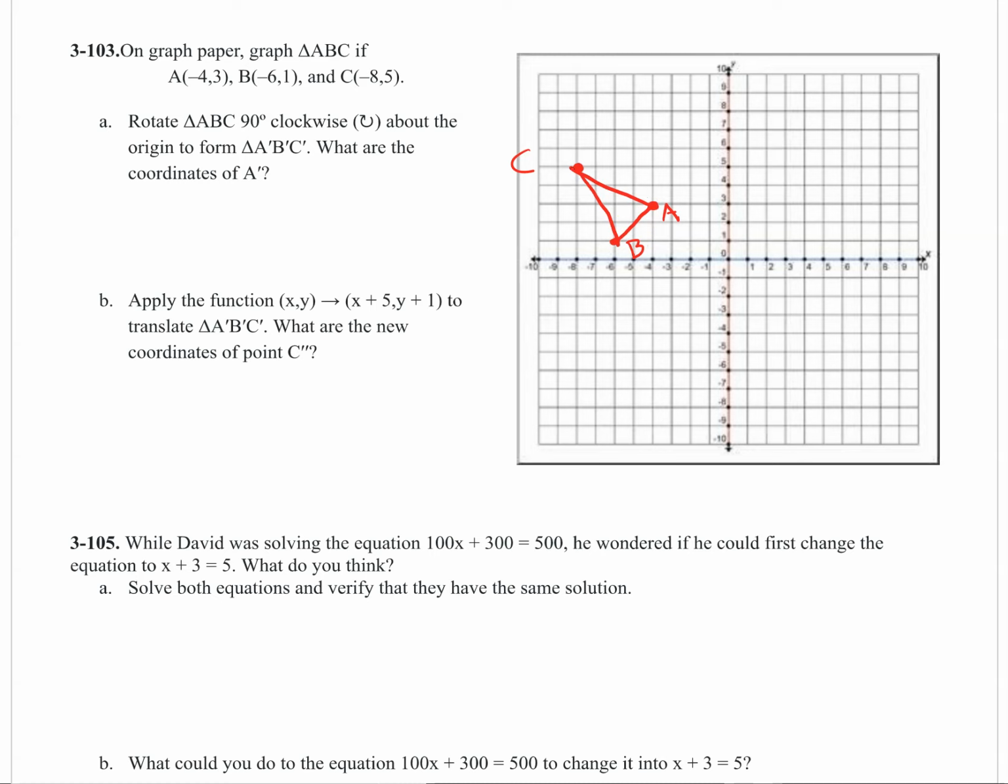Okay, in order to rotate this, you're going to want to use trace paper. Alright, and it's 90 degrees clockwise.